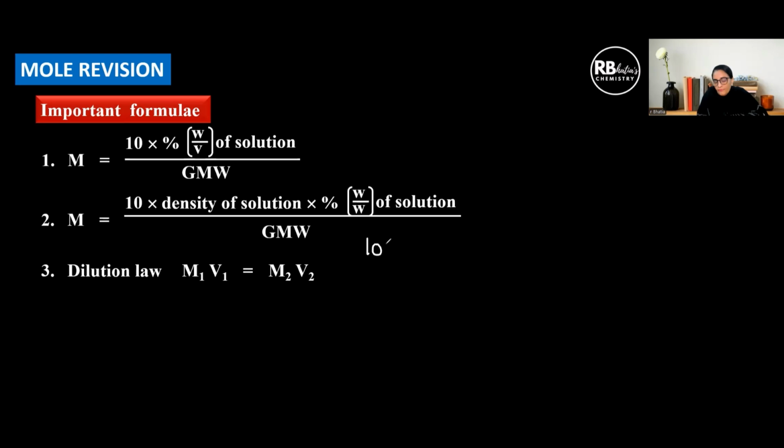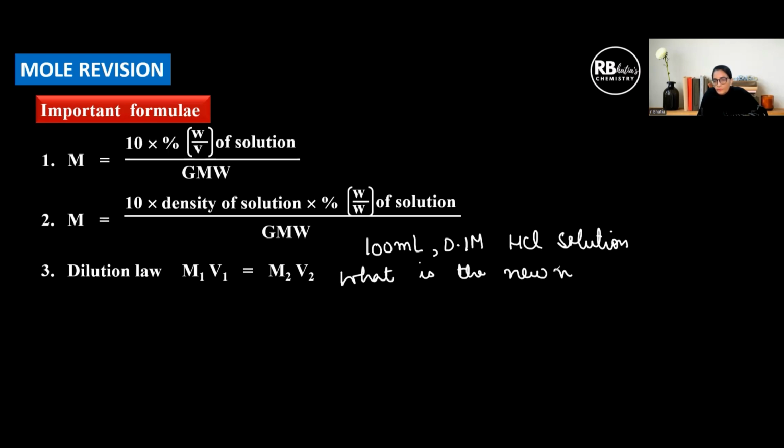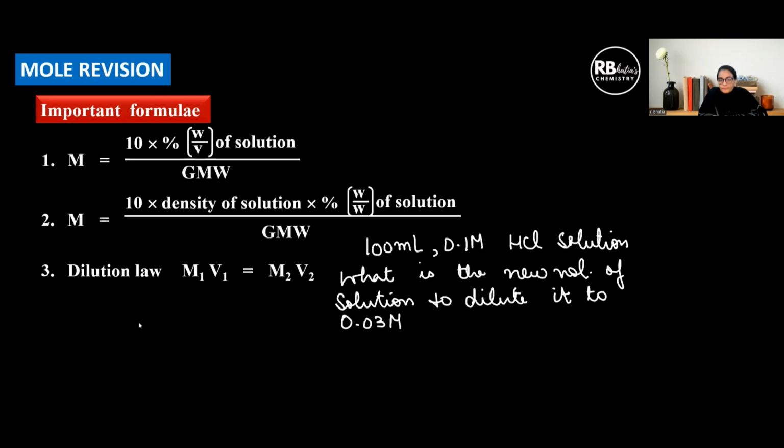Let us suppose I tell you I have 100 ml 0.1 molar HCl solution, and I ask you, what is the new volume of solution to dilute it to 0.03 molar. 0.03 molar is lesser concentration than 0.1 molar.